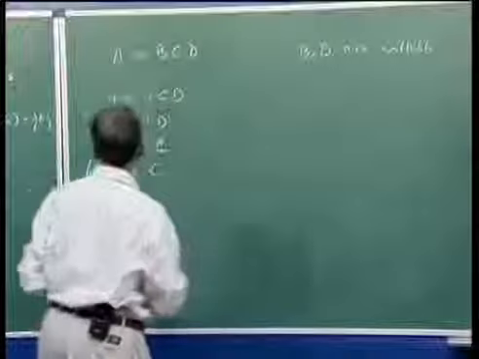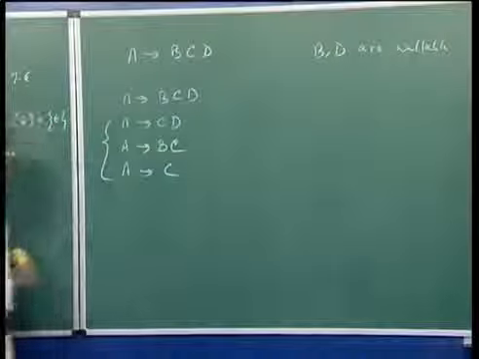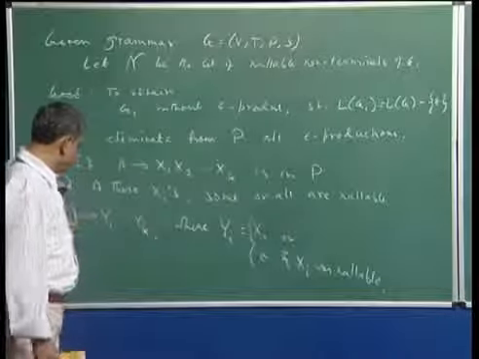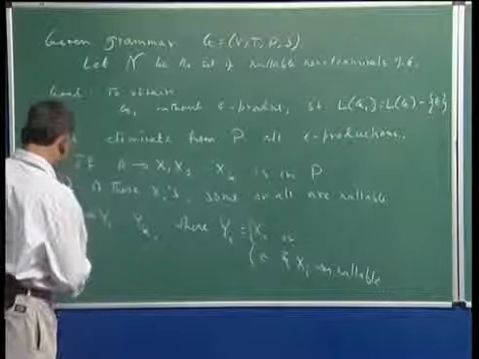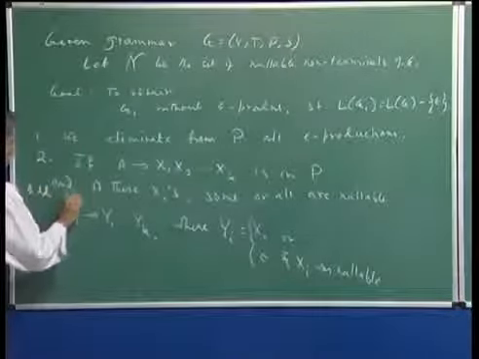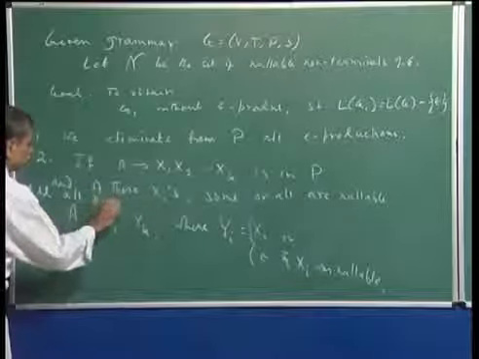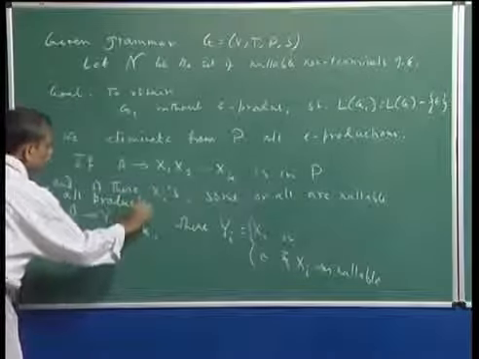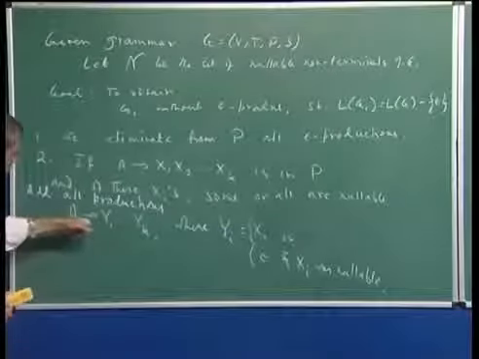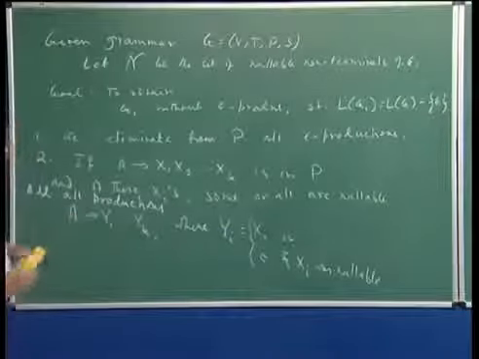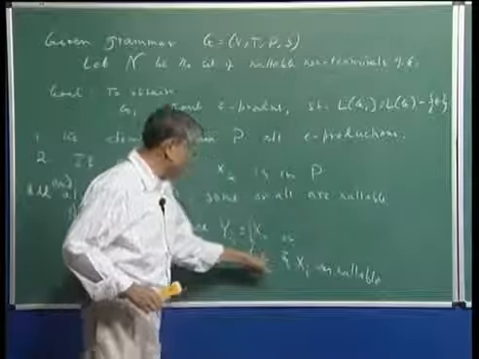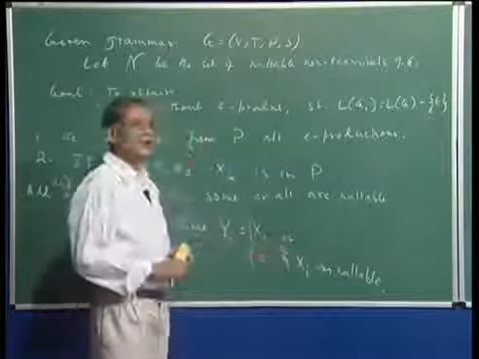So, in other words, my rule is: add all productions of the form A goes to y1 up to yk, where each yi is either xi or epsilon if xi is nullable.